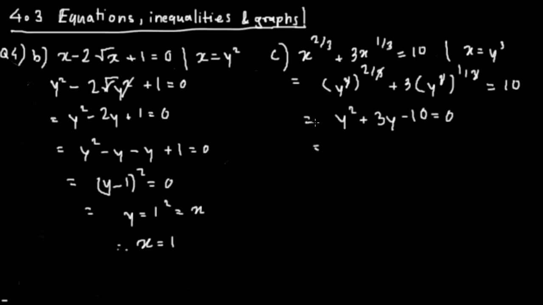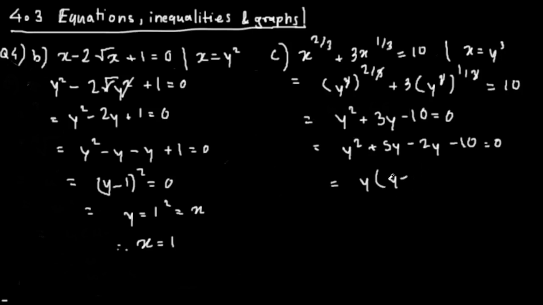And here you can factorize it, of course. So y squared plus 5y minus 2y minus 10 is equal to 0, right? Now from here, again, just do your normal thing. So y plus 5, minus 2 into y plus 5 is equal to 0.